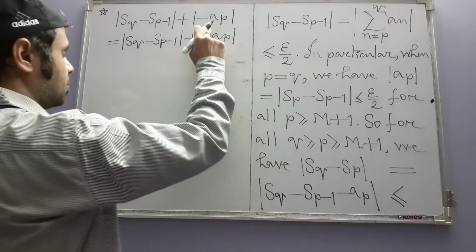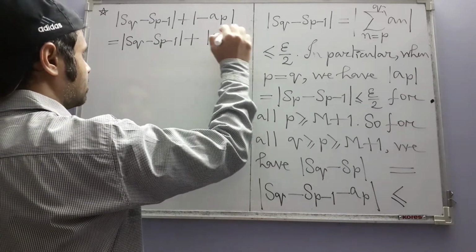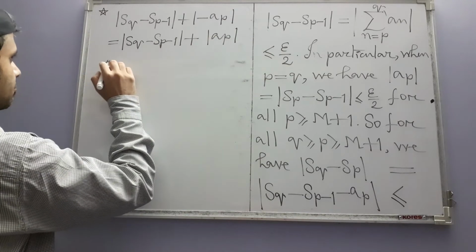Okay, because inside the absolute value you can get rid of the minus sign if there is any.